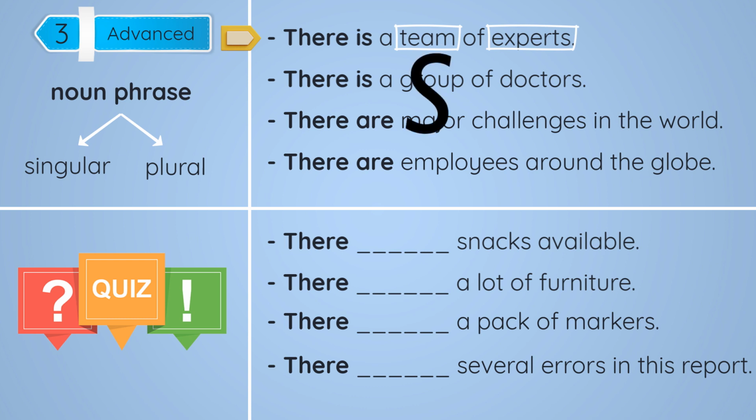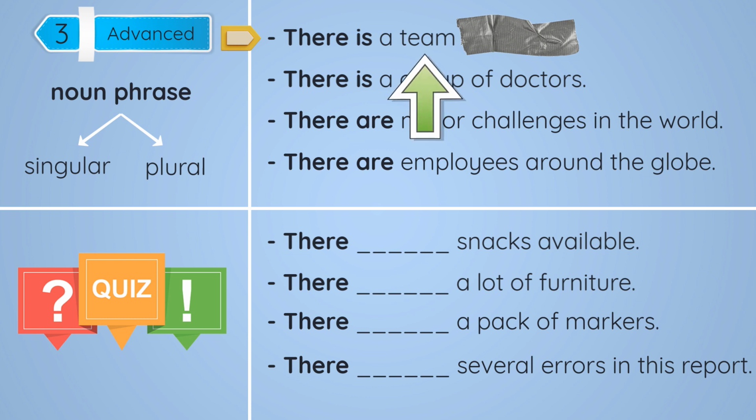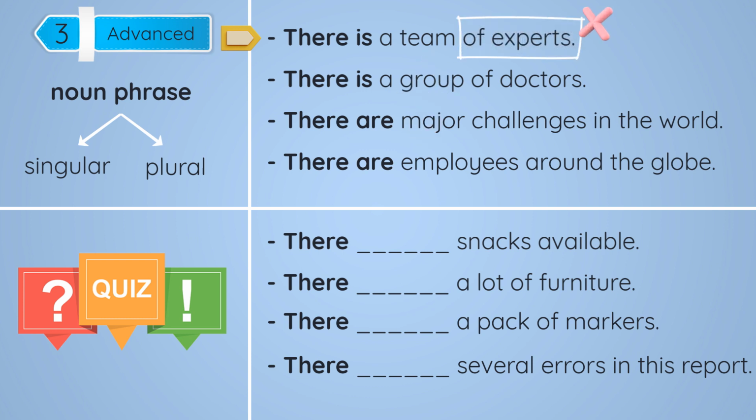And team is singular, but experts sounds like it's plural. But what we need to do in this case is to ignore everything after the preposition. So the real noun that we're talking about here that decides on the verb that we use is this one. There is a team. Okay? Of experts doesn't matter. Forget about what's in a prepositional phrase.